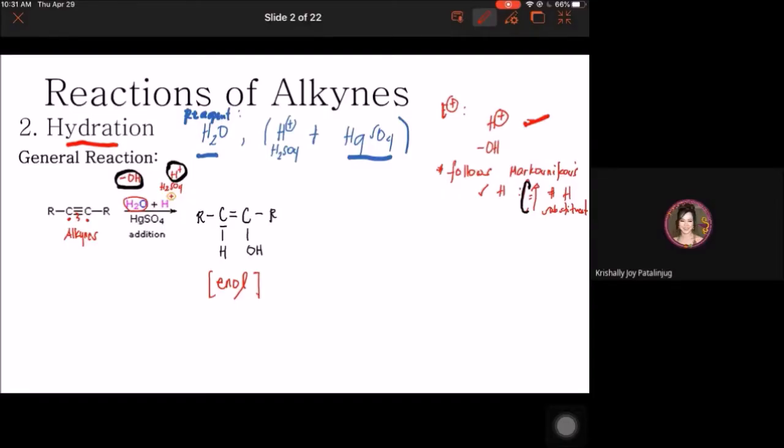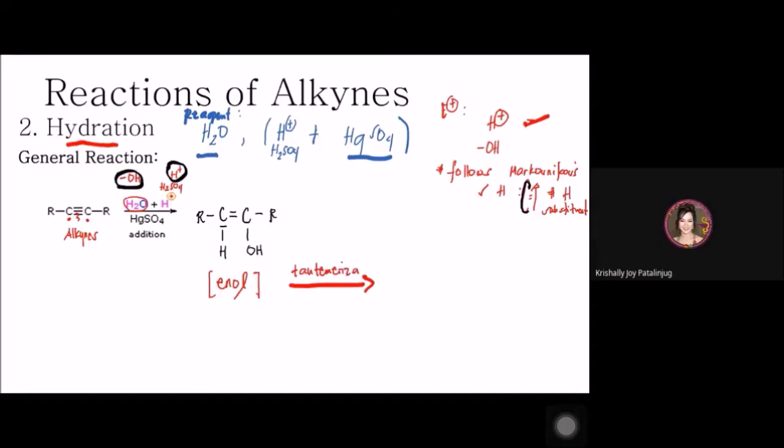It is because enol is very prone to tautomerization. If you still recall the term tautomerization. Again, enol quickly tautomerizes into its ketone form.